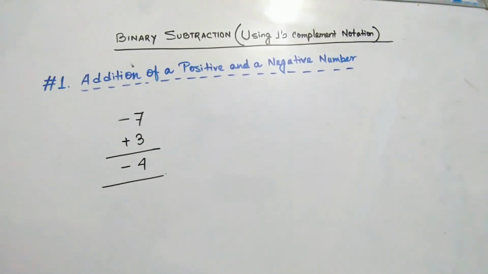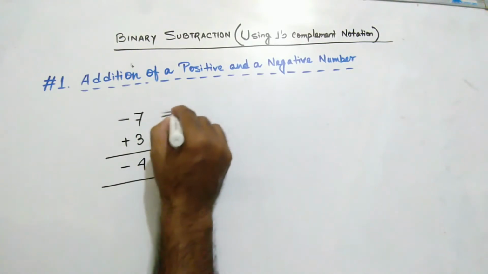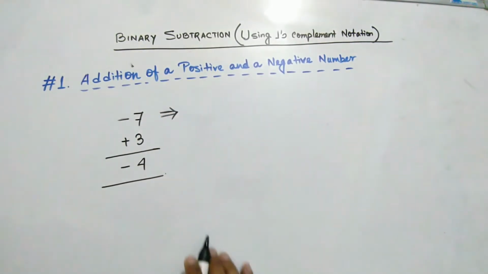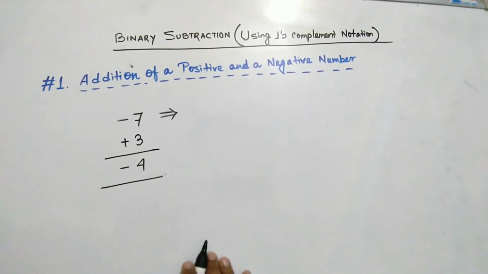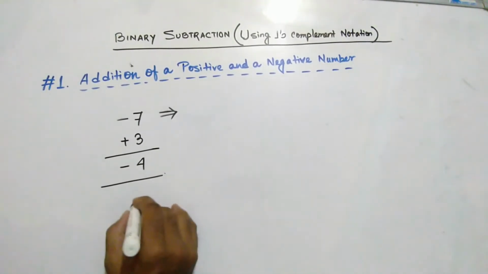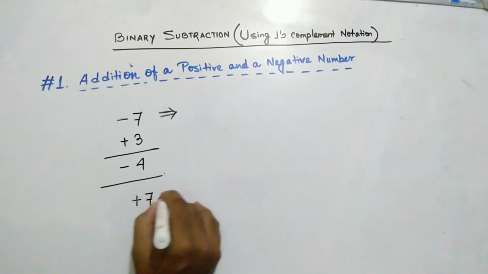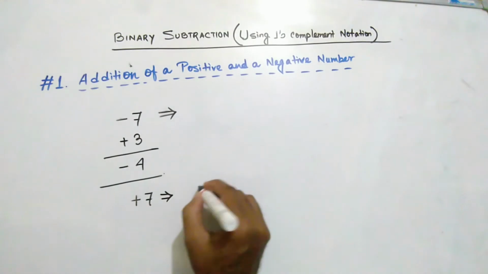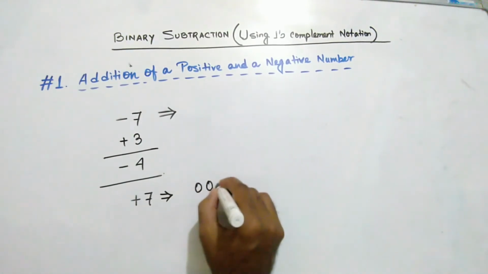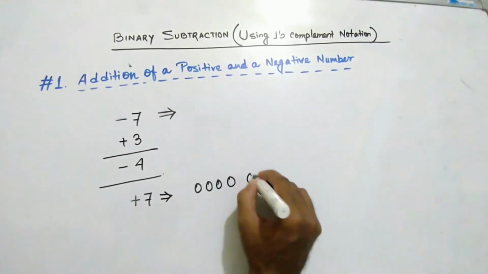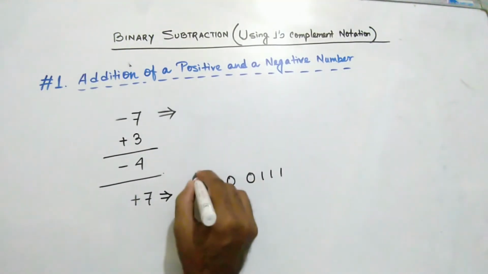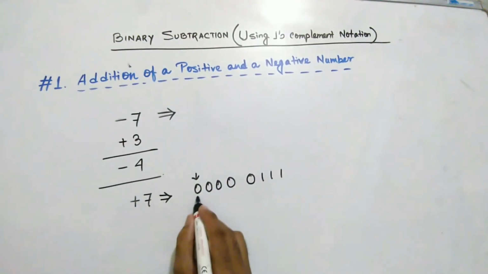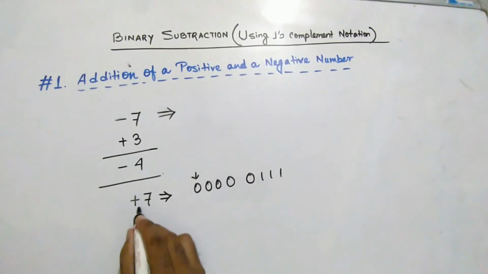So again, as in the previous case, we are going to represent the binary of -7. First we have to find out the binary of +7. The binary of +7 in 8-bit format is 0 0 0 0 0 1 1 1. The sign bit is 0, that means the number is a positive number.